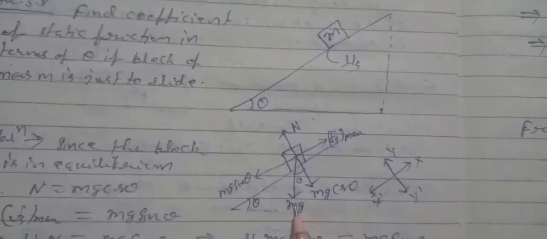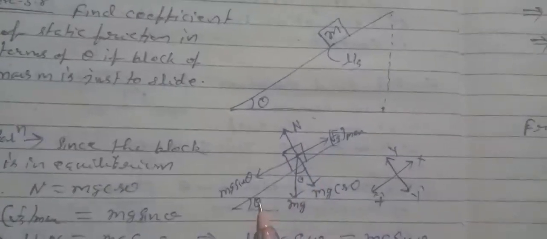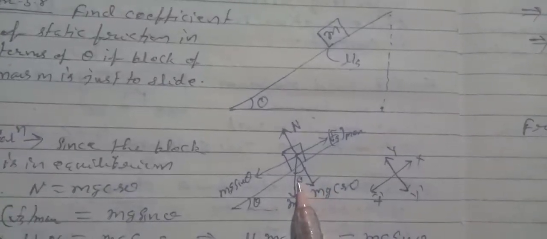The surface applies a normal force in the upward direction, that is N acts in this direction, and because weight always acts vertically downward, mg is in this direction, and because this angle is theta, this angle will also be theta.